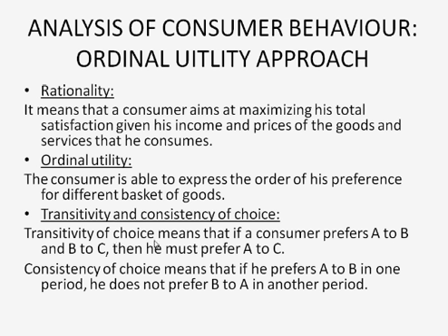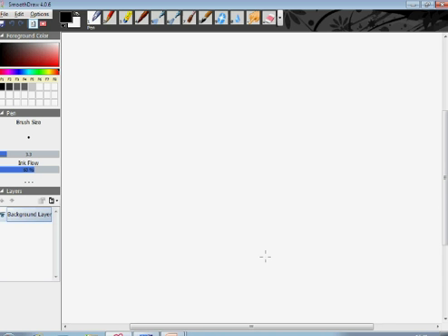Transitivity means that if a consumer prefers A to B and B to C, then he must prefer A to C. Likewise, if the consumer says that for him A is equal to B and B is equal to C, it means that for him A will be equal to C.